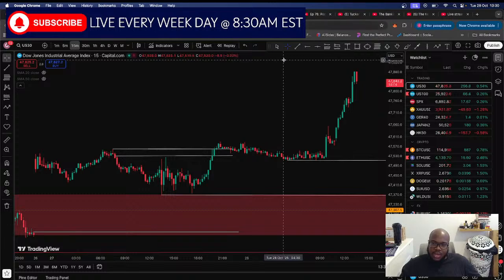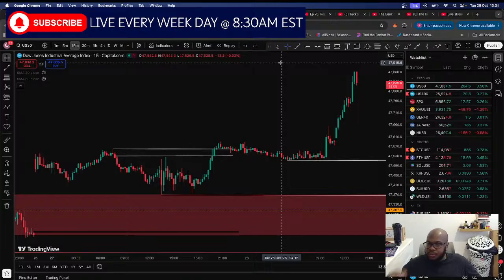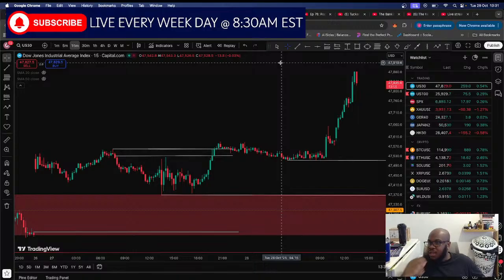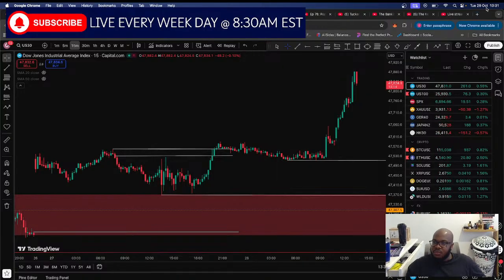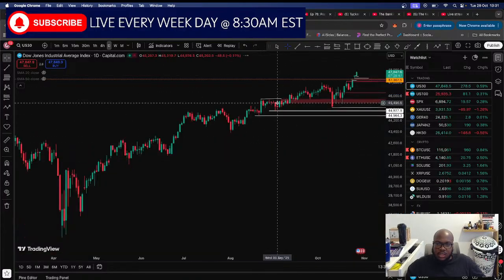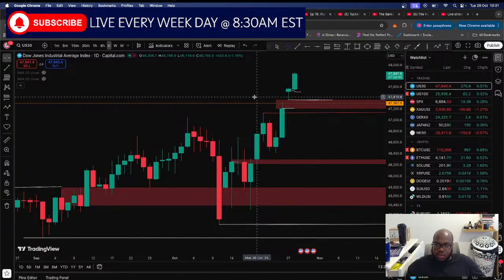I wouldn't be surprised if institutions do position today, as rate cuts are pretty much baked into price. So we'll just keep an eye out, monitor what happens over the next 15 minutes, and if we get a red candle close, we might be able to position short in an attempt to see this gap close on the downside.